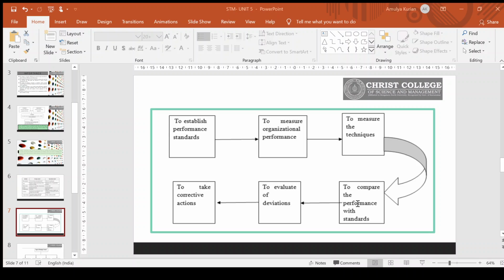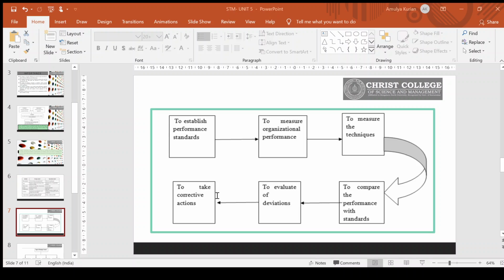Once we have found out the actuals and we are quantifying it using different techniques, we will be comparing it with the standards. It would be difficult to measure the performance and identify the efficiency and effectiveness of strategic decision if there is no specified standard performance.